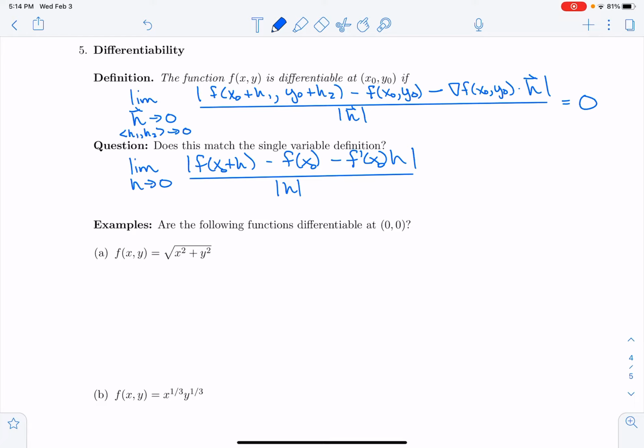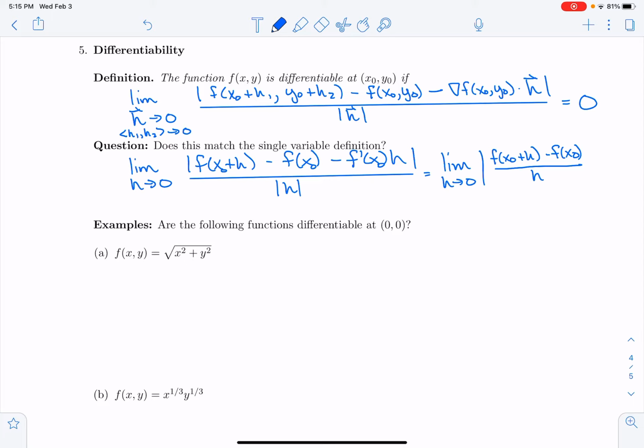And then I'm going to start dividing some things by h. So this is the limit as h goes to 0 of f of x0 plus h minus f of x0, all divided by h.